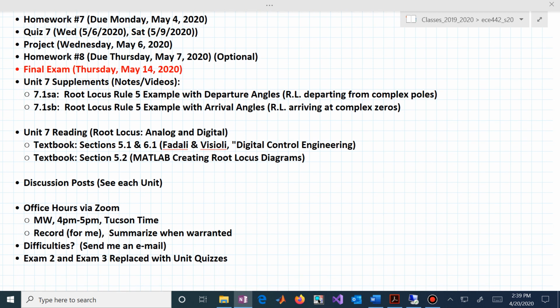The root locus material, which we are finishing up in this unit, you can find the analog and the digital versions in the course textbook. Chapter 5 deals with the analog, Chapter 6 the digital, and you have the answers in the back of the book.